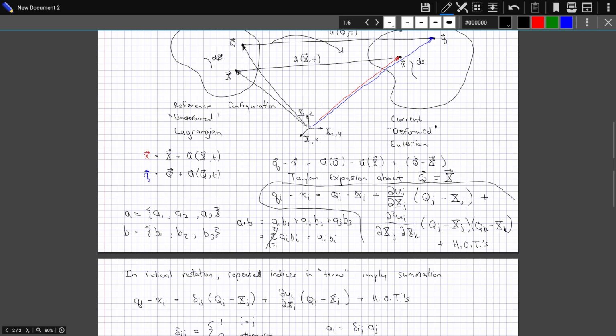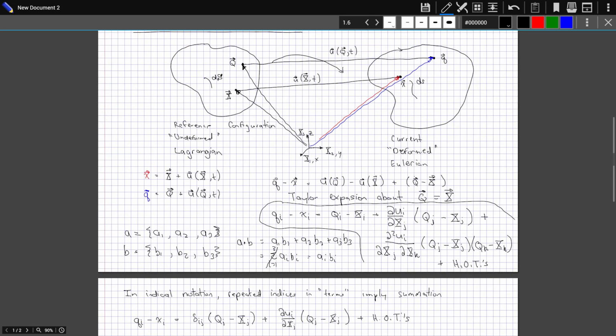But now we're going to go back and say that these two points are infinitesimally close to each other. And that vector, Q minus X, we're going to call dX, d big X, and over here, this vector, little q minus little x, we'll call d little x.